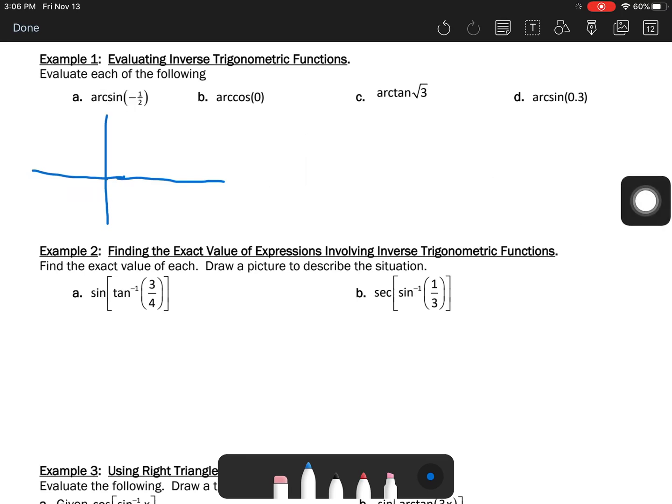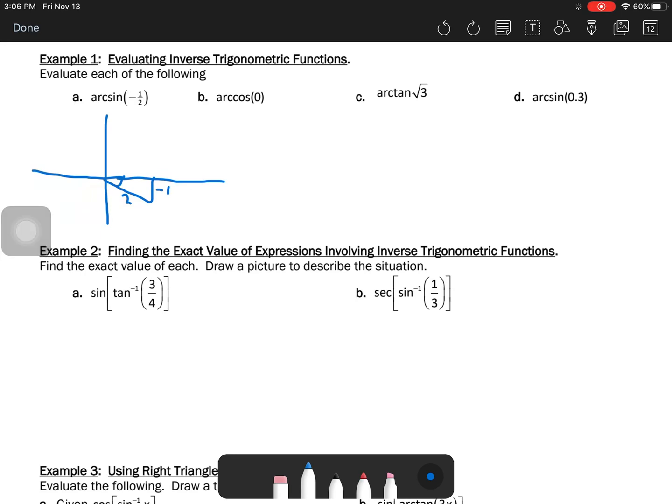If I was going to draw this out as a triangle, let me draw that a little better so it's a little more to scale. I would put a -1 here, and then I would put the 2 as the hypotenuse. And so I'm thinking to myself, okay, this would give me the opposite over hypotenuse value for the sine. Now, what angle would this have to be in here to have this?